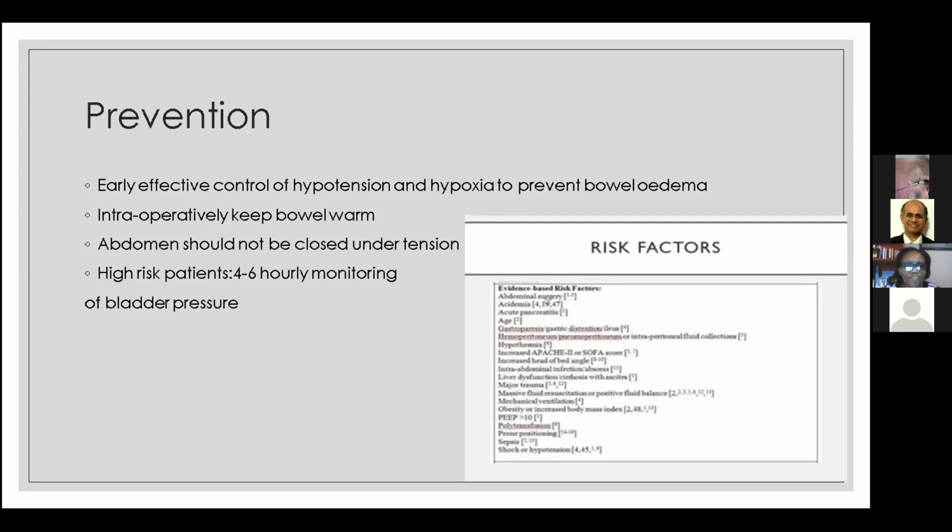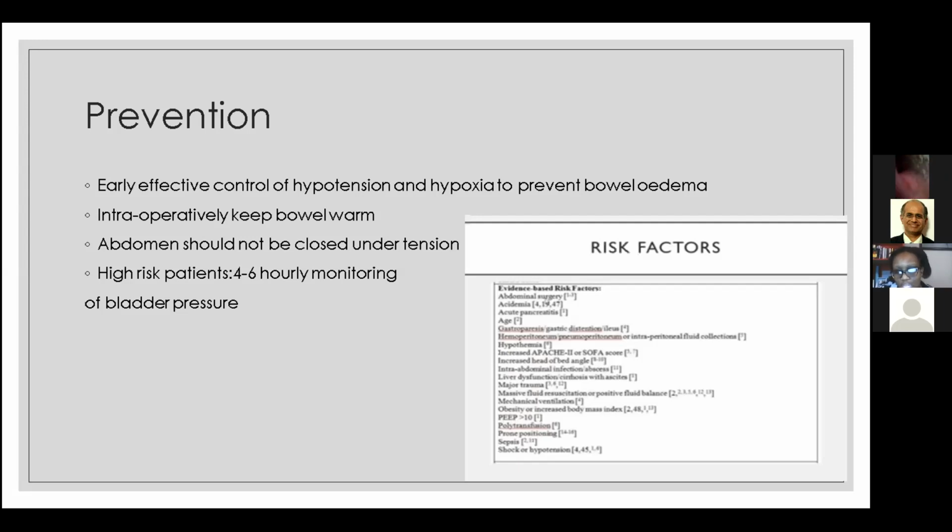And then with high-risk patients, the recommendation is that you need to monitor the bladder pressure, the intravesical pressure, 4 to 6 hourly. So high risk patients are described in the WSACS.